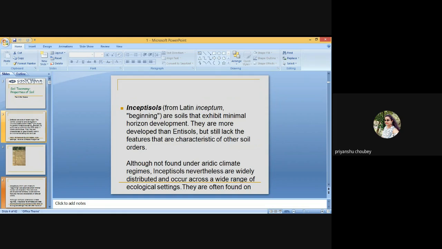Inceptisol. Inceptisol is from the Latin word inceptum, meaning beginning. All Inceptisols exhibit minimal horizon development.